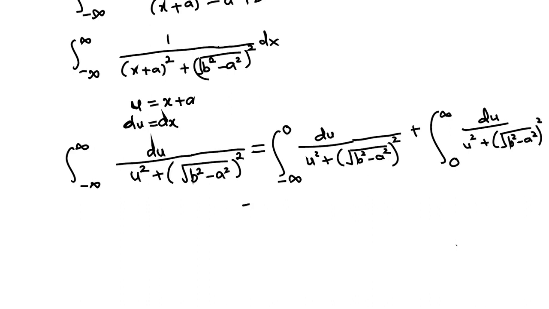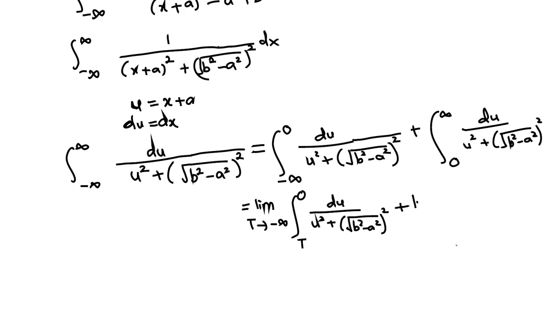Okay, and then we apply limits here. Limit t approaches negative infinity, from t to 0, du over u squared plus square root of b squared minus a squared, squared, and then plus limit t approaches infinity, 0 to t, du over u squared plus square root of b squared minus a squared, squared.